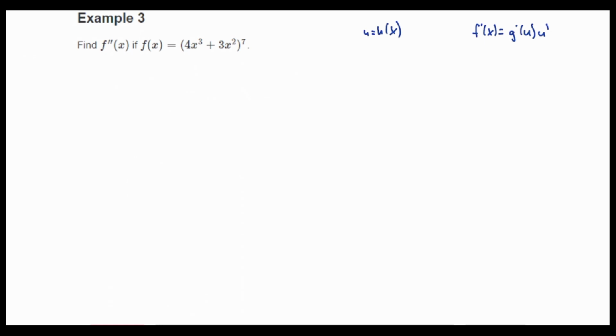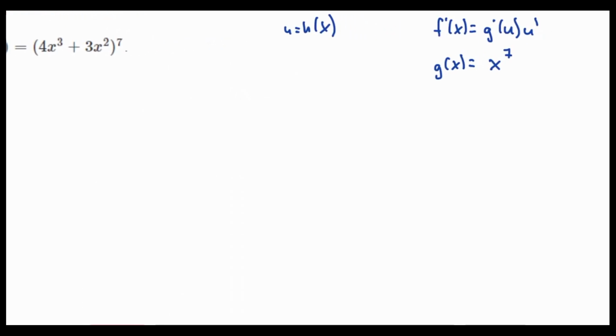So first of all, my outer function is going to be my g of x. So g of x equals x to the power of 7. And, sorry, not x. I want to use u to represent my inner function, so this is going to be g of u.